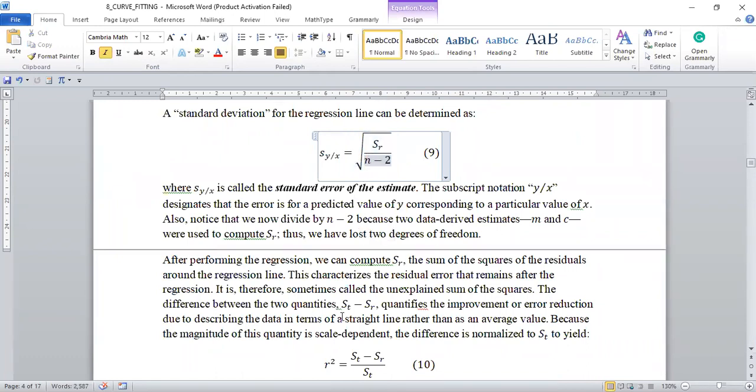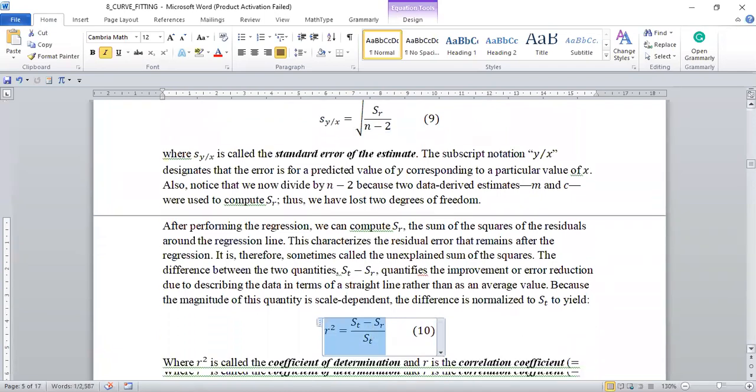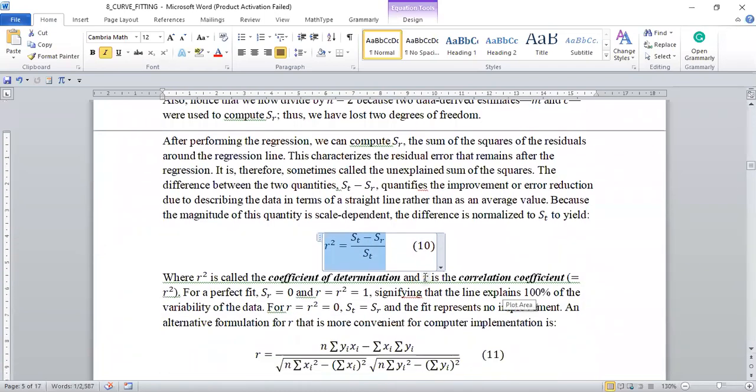Another measure we can use is called the correlation coefficient. The correlation coefficient is called R and is given by this formula, while R squared is called the coefficient of determination. To quantify if what we've done is good, the correlation coefficient has to be very close to 1, or equal to 1.